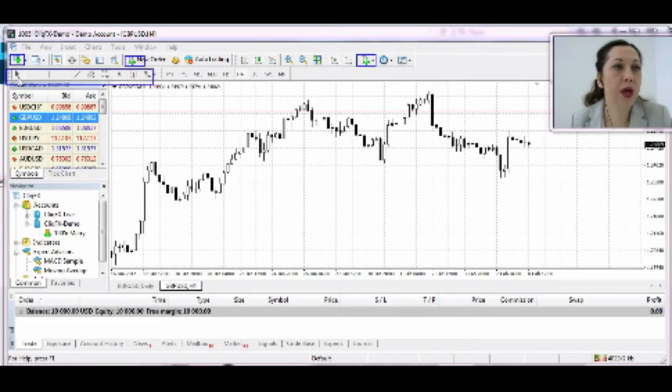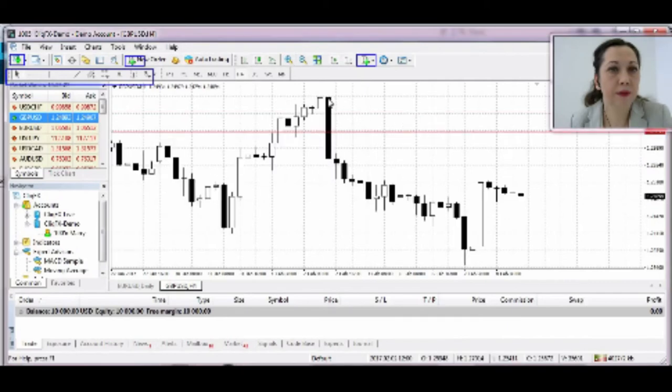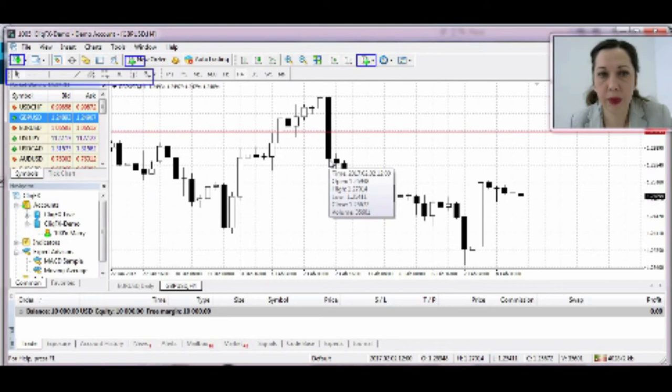Okay, so we have cursor, and except it's a cursor, it has additional properties. So when I drag cursor to the candle, to the closing, you see the small window. It gives me also an information about this certain candle.